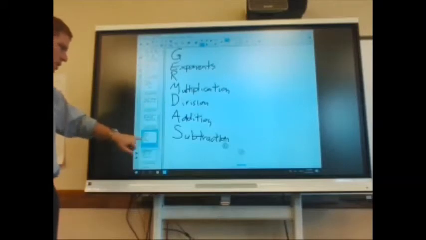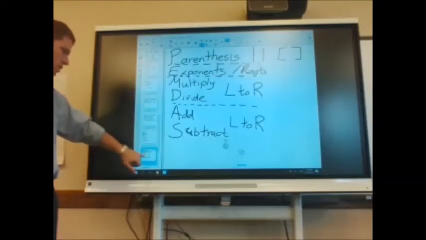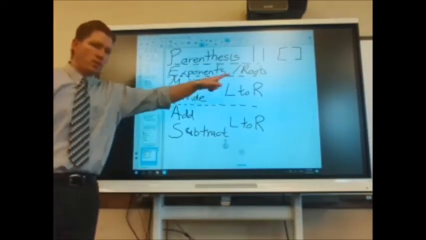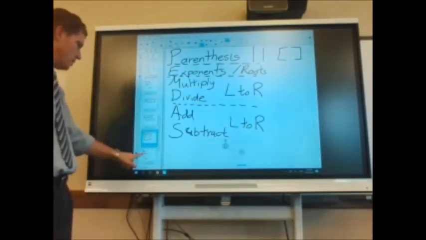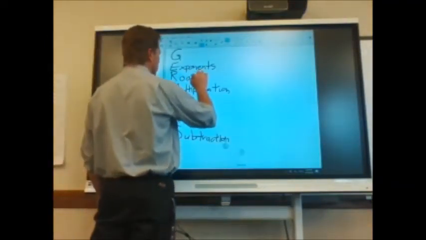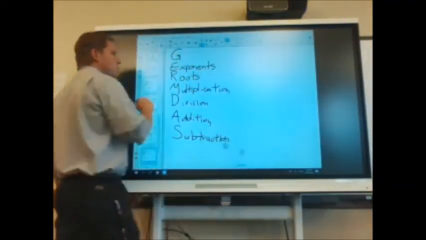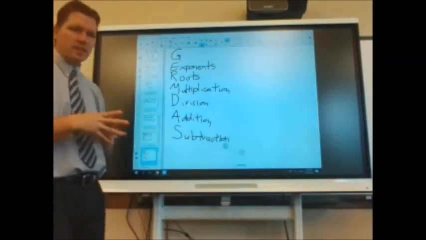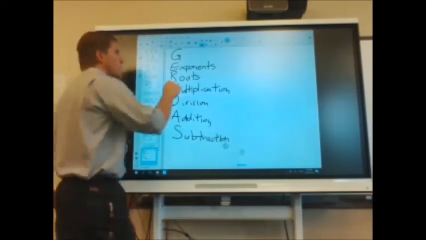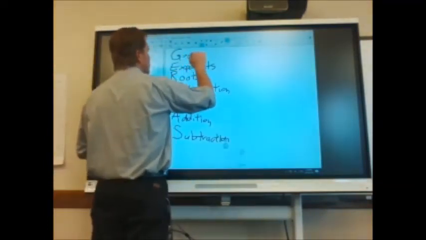Going back to what exponents were in the other one, roots was the other part of that. So here are still roots. G includes parentheses now, but is not limiting our idea, as we call it grouping symbols.